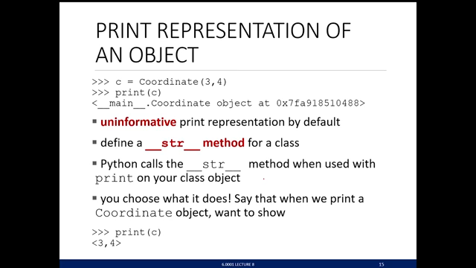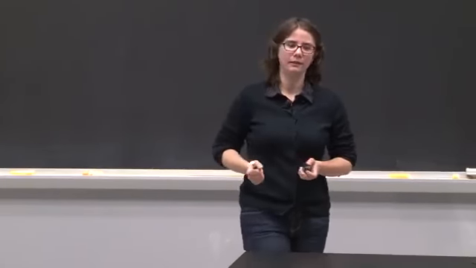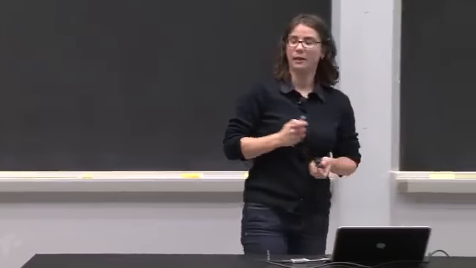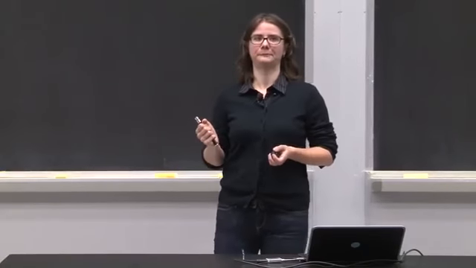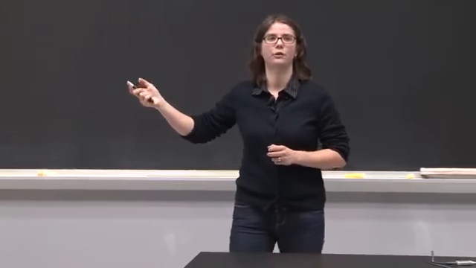So by default, when you create your own type, when you print the object of that type, Python tells you this sort of information, which is not what you want. So what you need to do is define your own method that tells Python what to do when you call print on an object of this type. This is going to be a special method, just like init is, because it starts and ends with double underscores. The name of the method is __str__.